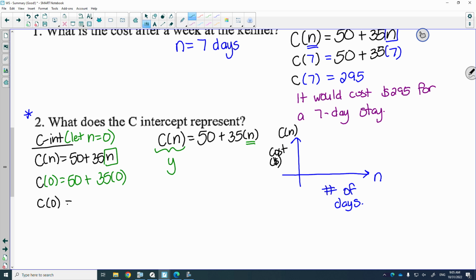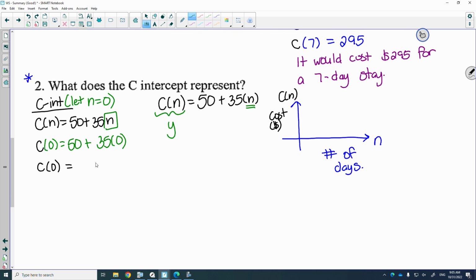What would the cost for 0 days be? $50. So basically, this would be 50, and the graph would look something like this.